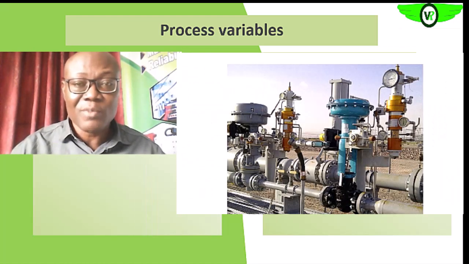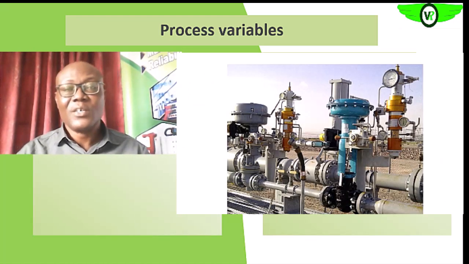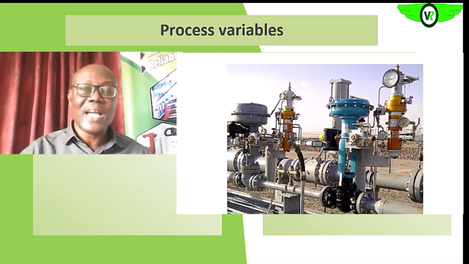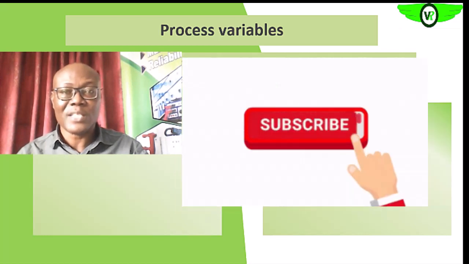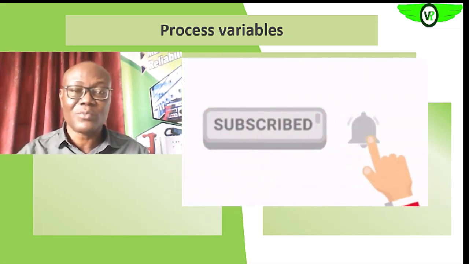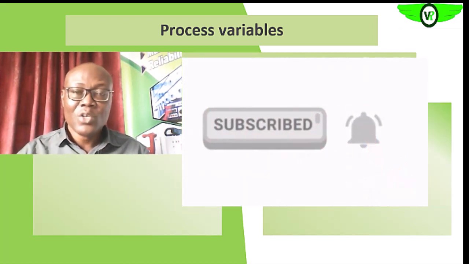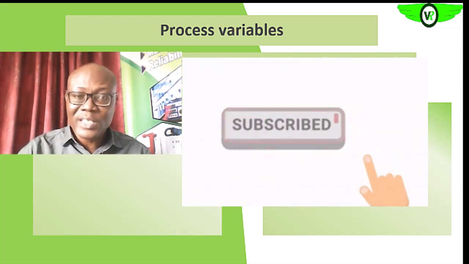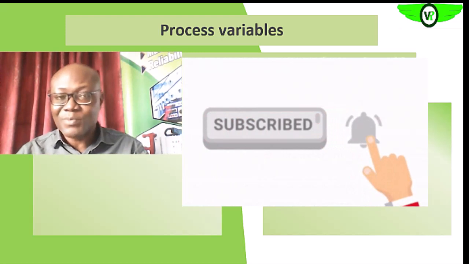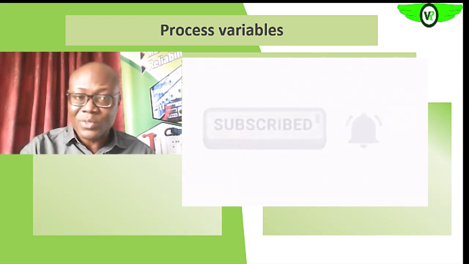And once the outcome of the process is affected, what it means is that the desired output from the process may not be achieved, or will not be achieved. So these parameters that vary with process conditions and can affect the process are called process variables.